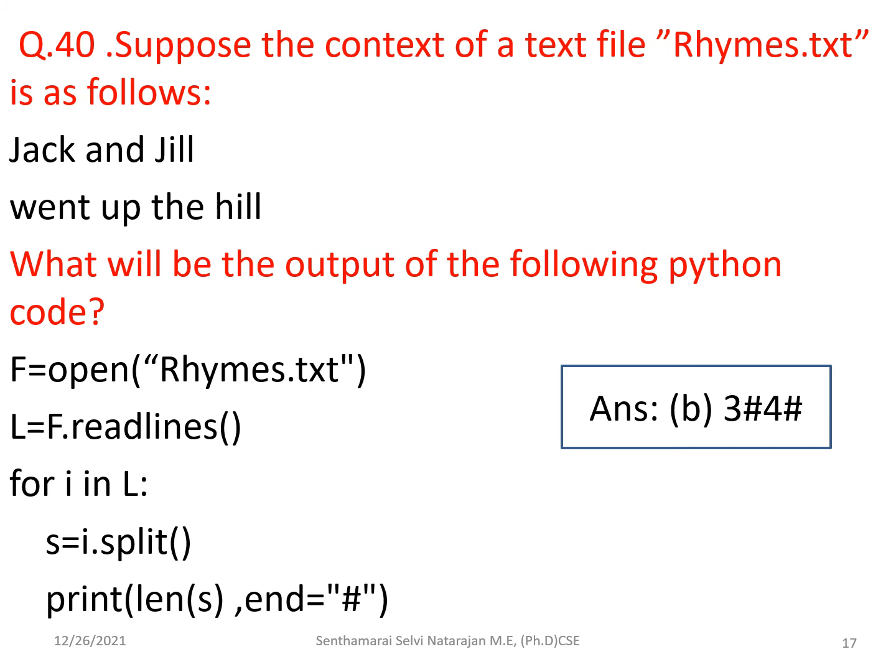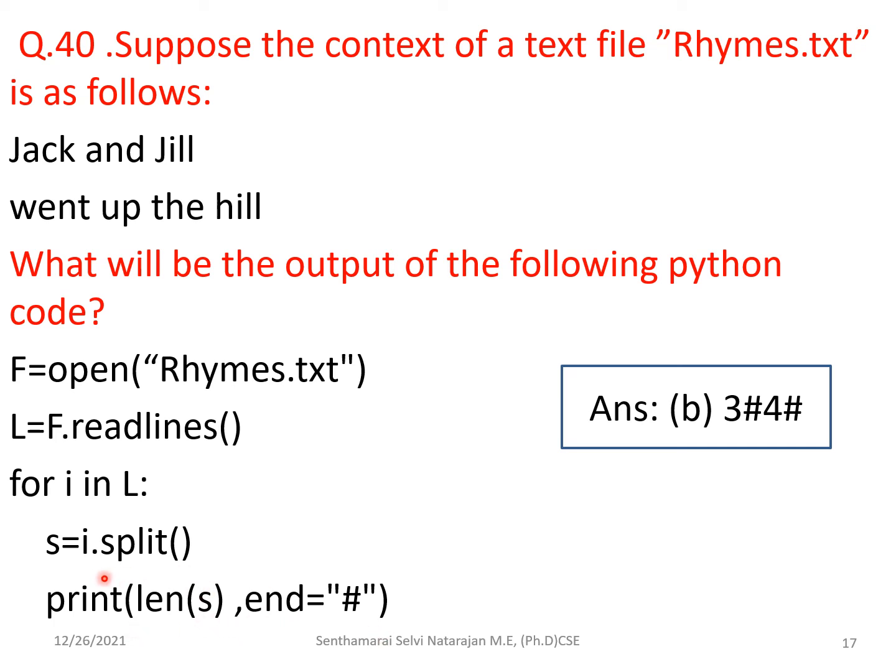Next question is they are asking to find the output based on the Rhymes.txt. Here you see they are having the text in a file, Jack and Jill. So what will be the output? Here you see, for i in L, i dot split, print len of s and then end.